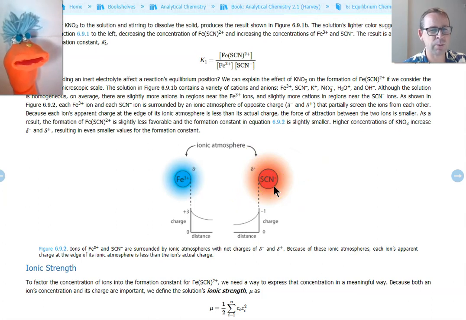That's really what we're looking at here. Because when you put an ionic compound into water, the water molecules need to congregate around those ions to help them dissociate. If you have a +3 charge on iron, water wants to aggregate, but the smaller the ion, the fewer water molecules can aggregate.